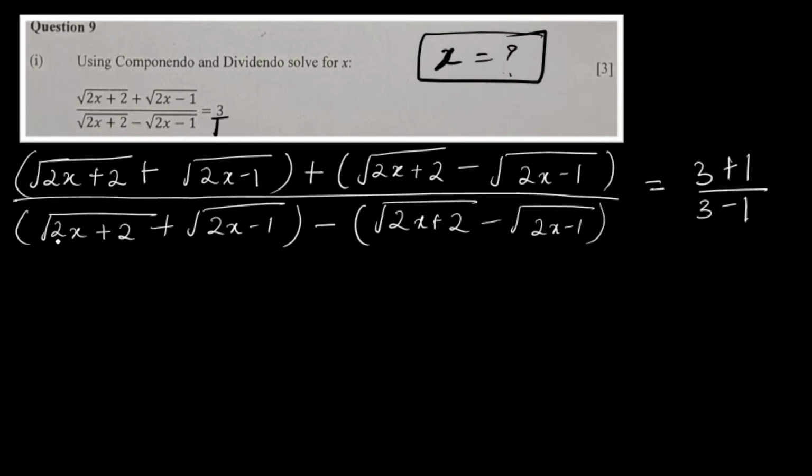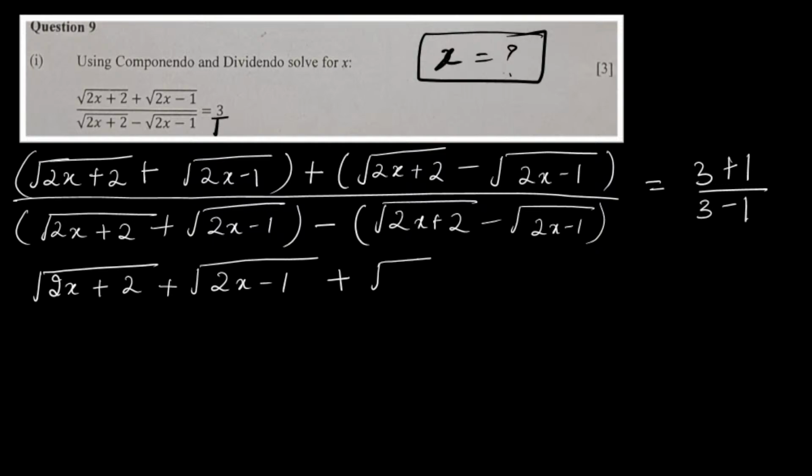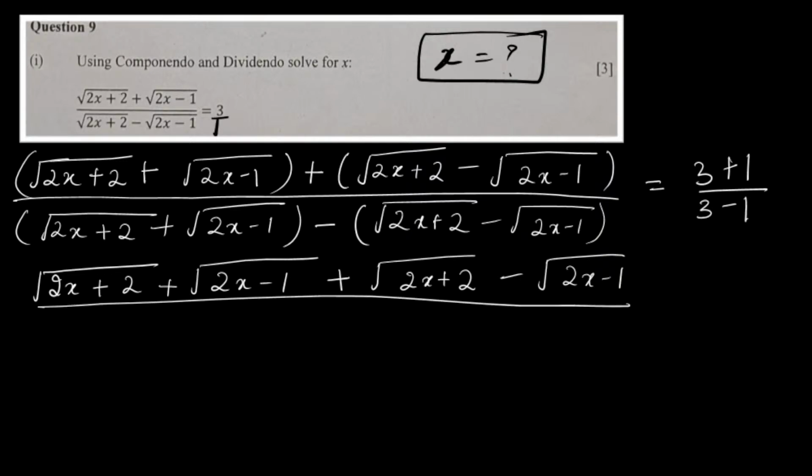So we can now open the brackets. We can simplify. So this will become square root of 2x plus 2 plus square root of 2x minus 1 plus square root of 2x plus 2 minus square root of 2x minus 1. So in plus, no need of changing any signs. The signs will remain same.